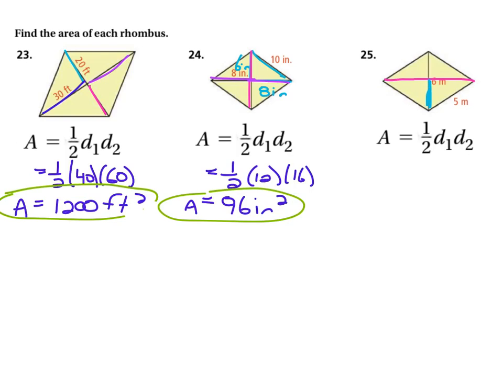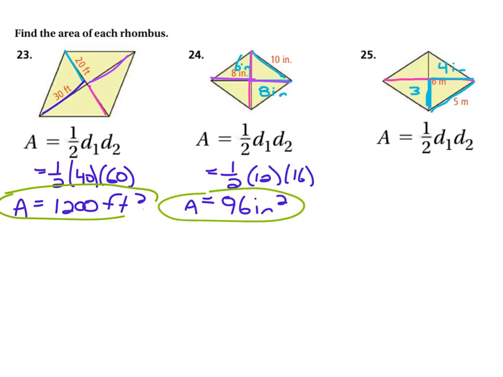Since the whole way across is 6, that is 3. If that's 3 and this is 5, then this, you guessed it, is going to be 4. That's the Pythagorean triple. Remember I told you that if you memorize these, it's going to be useful? So we've got a half diagonal of 4 and a half diagonal of 3. We know that they're equal on both sides.